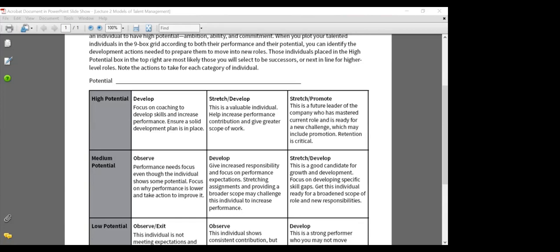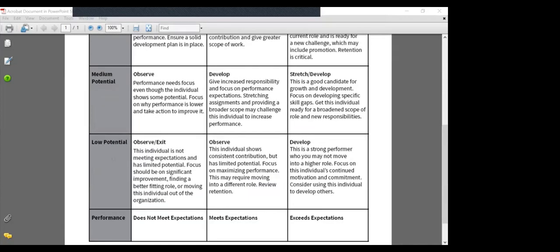For that you will have to look at their potential grid also. While he has performed well, he may seem to have medium or low potential. For example, here you have a case where performance exceeds expectations, but potential is low.